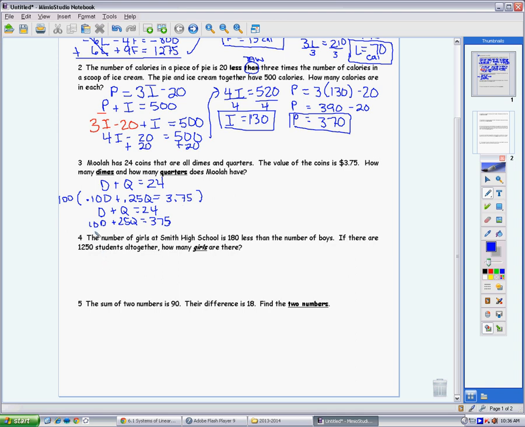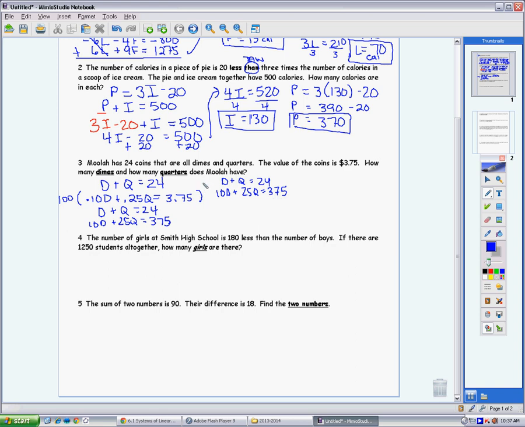Okay, so now I can look at my equations and I can see probably elimination is going to be the best way to work with this. So I'm going to take my dimes plus quarters equals 24, and I now have 10 dimes plus 25 quarters equals 375. And I can do that because it's equivalent.